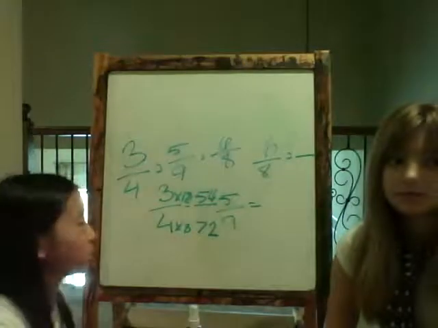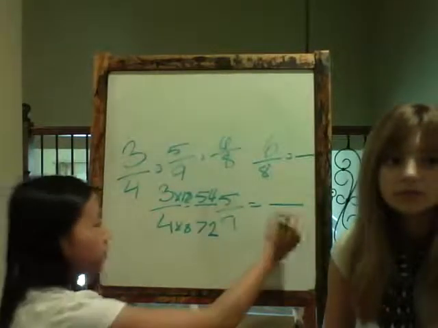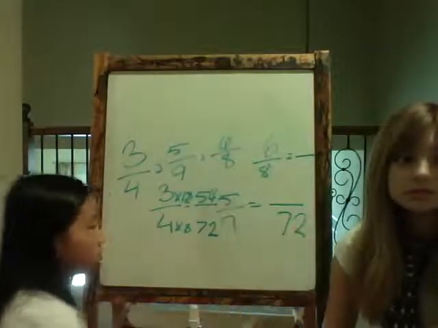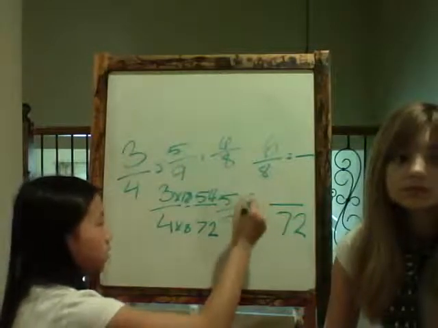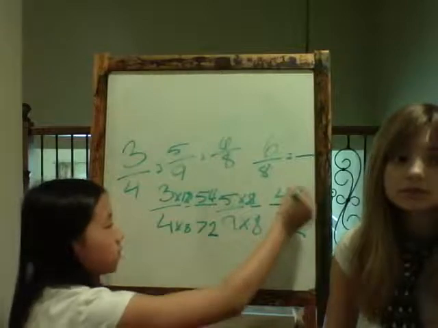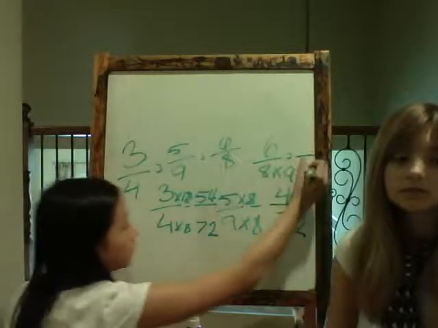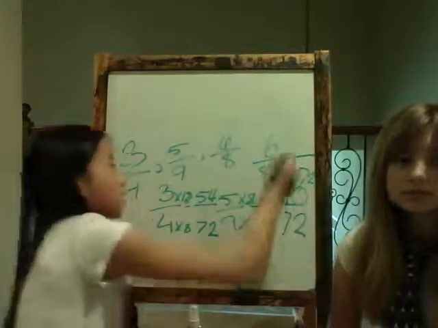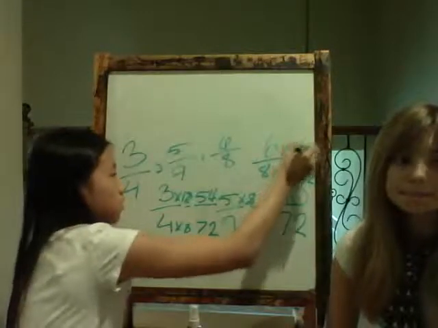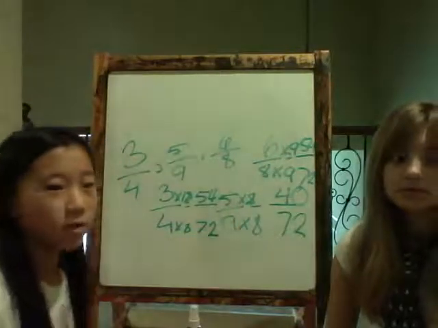And then, how many times can 9 go into 72? 9 times 8 is 72. Then 54.